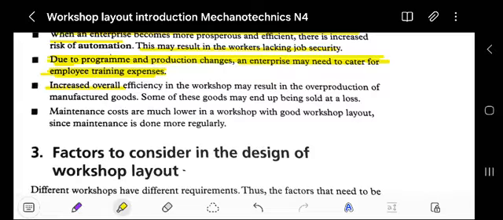Increased overall efficiency in the workshop may result in overproduction. In overproduction, manufactured goods, some of these goods may end up being sold at low price. Good, that is another point. If you make a lot, imagine you are selling quarters. You prepare them before people buy them, but you put them on the microwave.